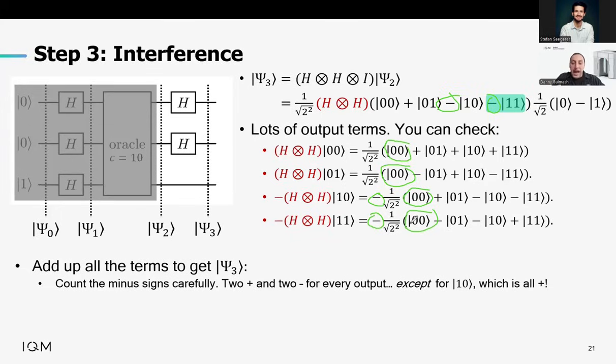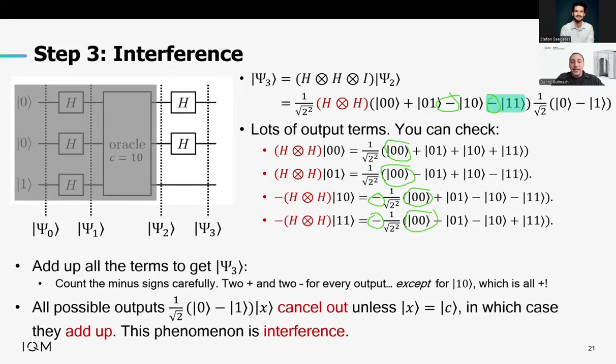But if you add them all up, the only thing that doesn't have two positives and two negatives is the secret code. And so that means that everything cancels out unless the input qubits are exactly equal to the secret code, in which case all of the outputs add up and we have something left over.